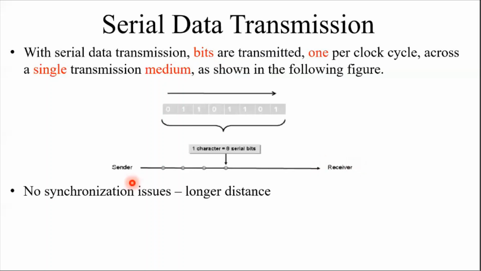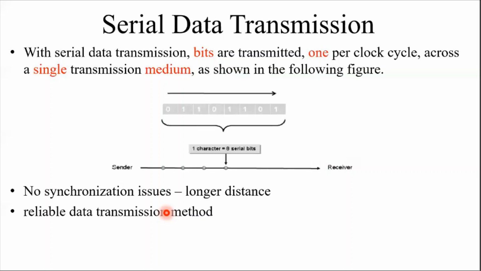So sending the data sequentially is perfect for transmitting data over a longer distance. Since there are no synchronization issues, the data can be transferred over a longer distance. So that is one advantage.